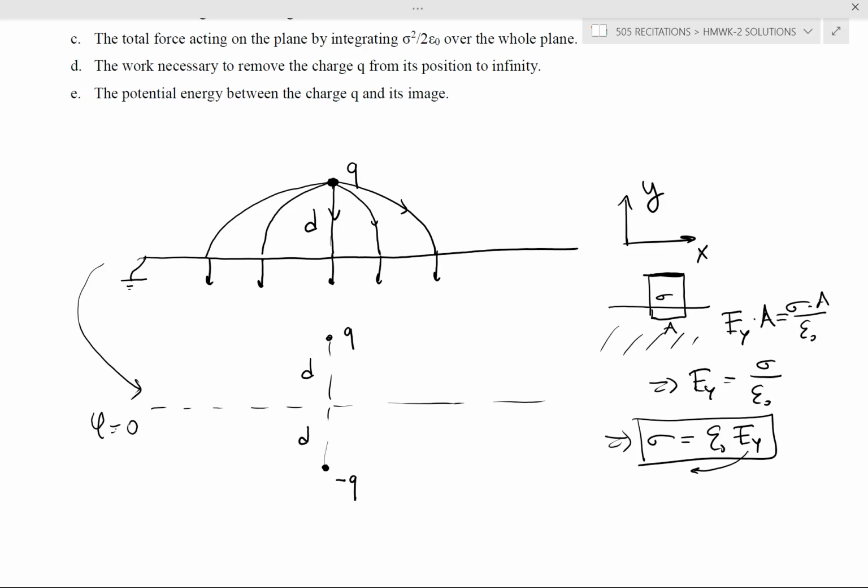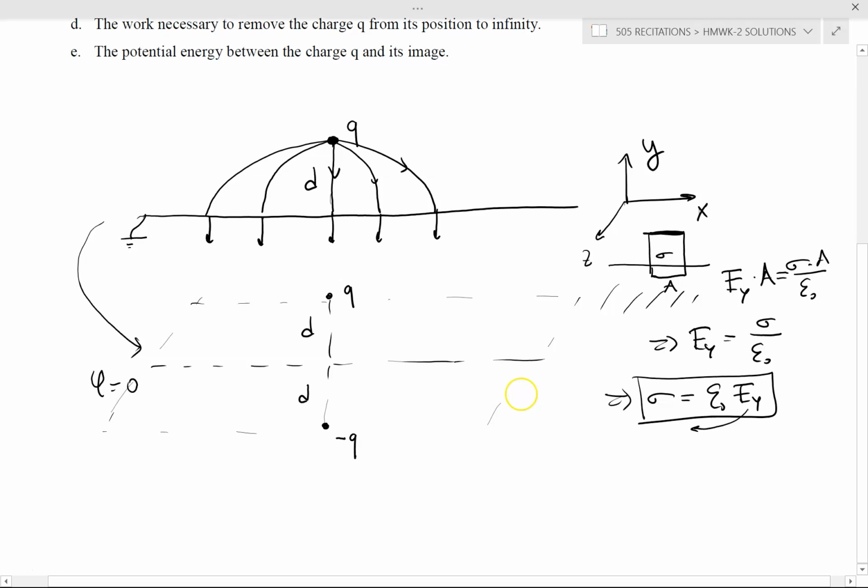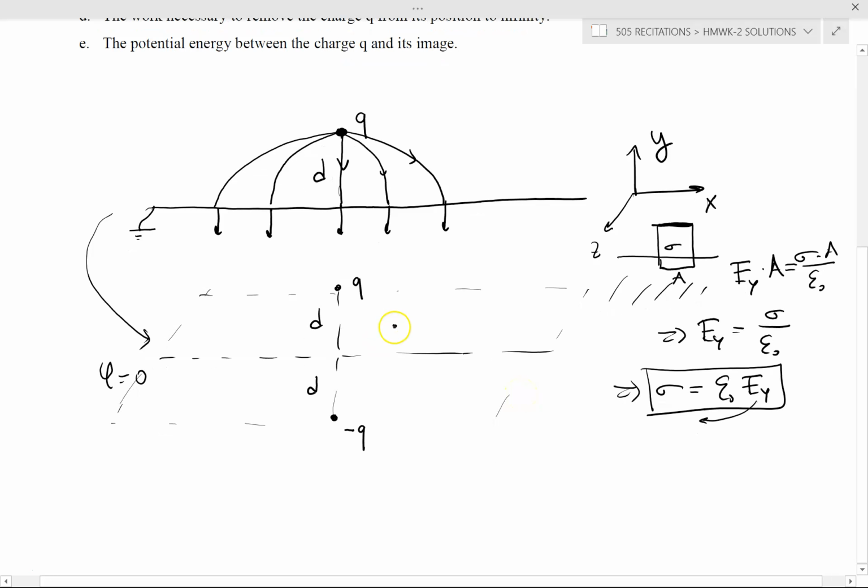But remember that it's a 2D plane, so x, y, z, it's a plane at xz, so in fact the better picture shall be this one, right? And if I want to, for instance, calculate the electric field intensity at this point, let me use cylindrical coordinates rho and phi.